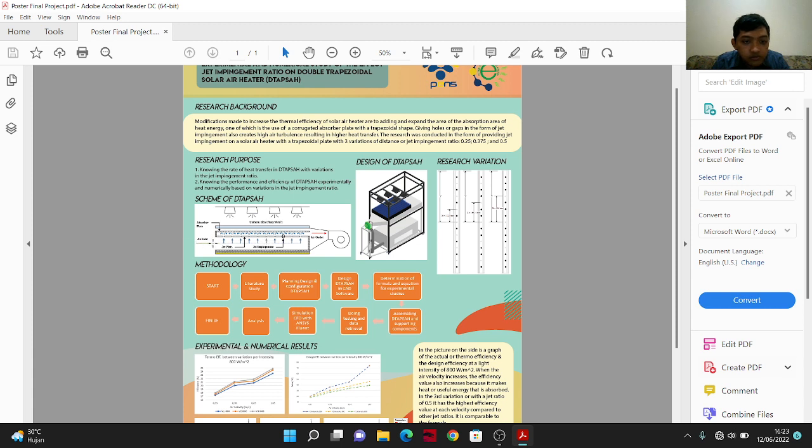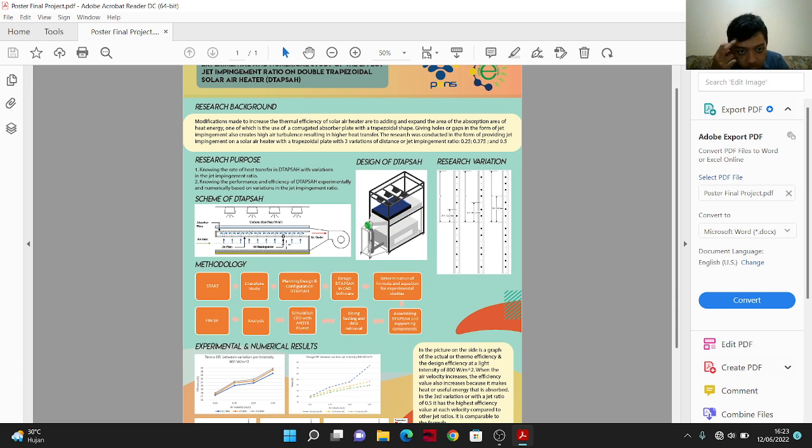First, there is the air inlet, and the air flows to the jet plate with cross flow.